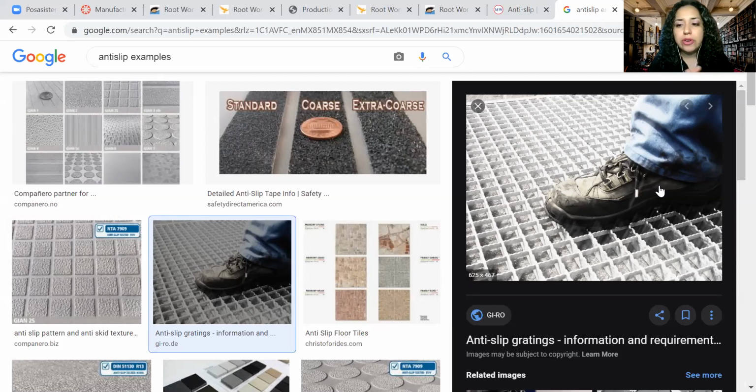So you can see that if you step on that kind of floor, it's going to put some resistance in between your shoe and the floor. So it will be better to walk through this type of floor that is anti-slip, okay?